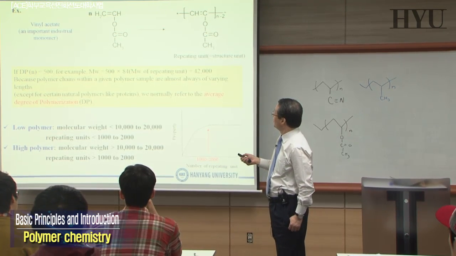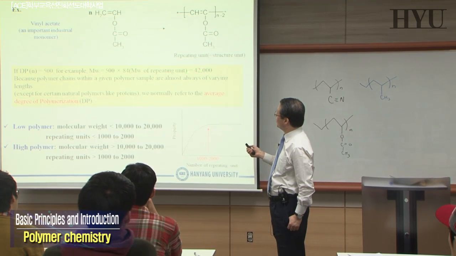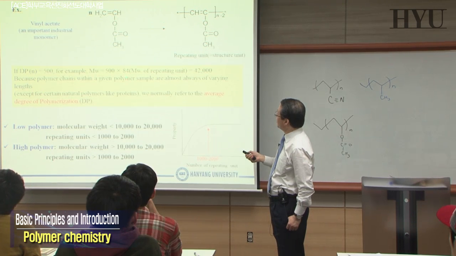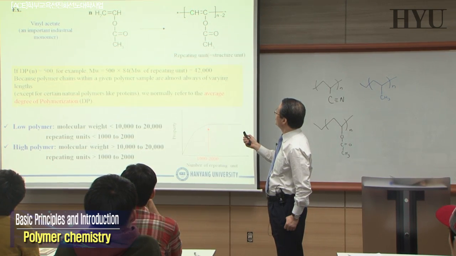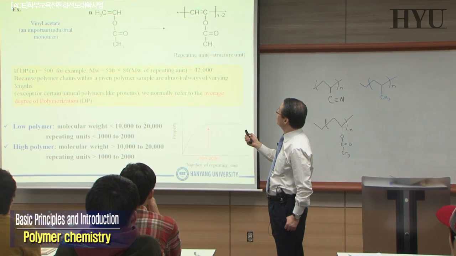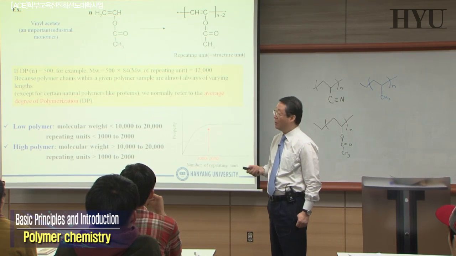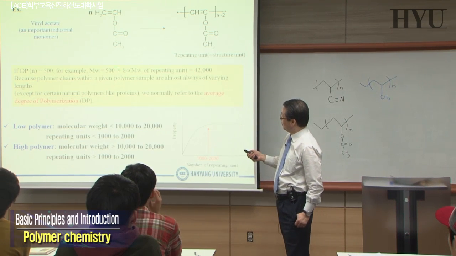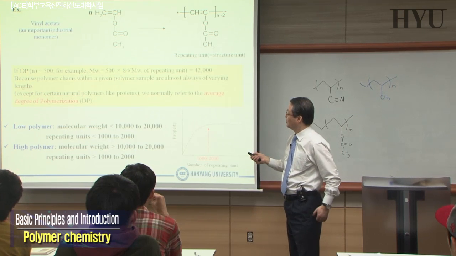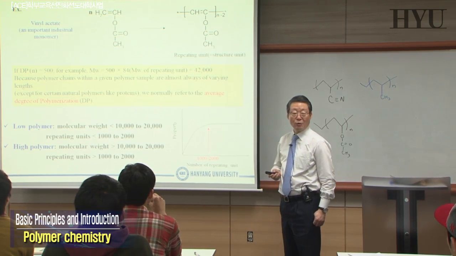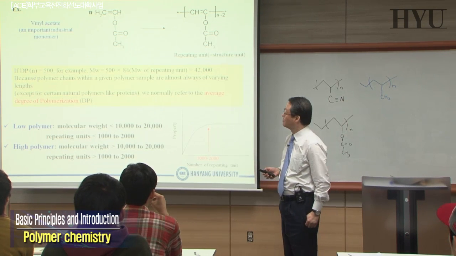The molecular weight of this repeating unit is about 84, because C is 12, 12, 16, 12, 16, and it's about 15. If you add up, I think it's about 84. So if the degree of polymerization is about 500, then the final molecular weight is about 42K, 42,000.